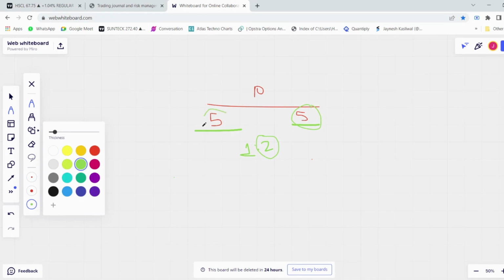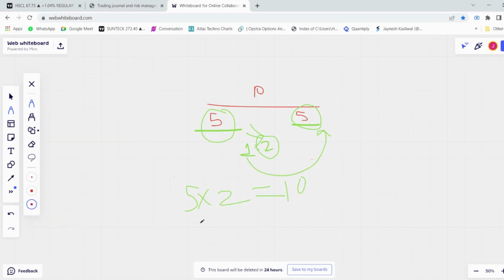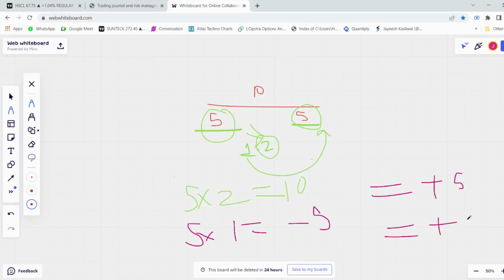Now in these 5 trades, we are going to make 5 into 2 rupees, that is 10 rupees, and in these 5 loss making trades, we are going to lose 5 into 1 rupee, that is minus 5 rupees. So at the end of the day, we are at a net gain of plus 5 rupees. And if you include some brokerage and everything, let us say we are at a profit of plus 3 rupees, right? So this is the meaning of risk to reward ratio.